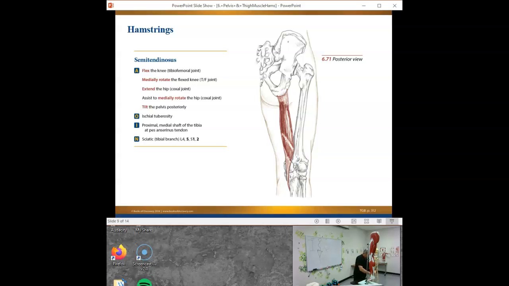It's the goose's foot. So it means goosefoot.